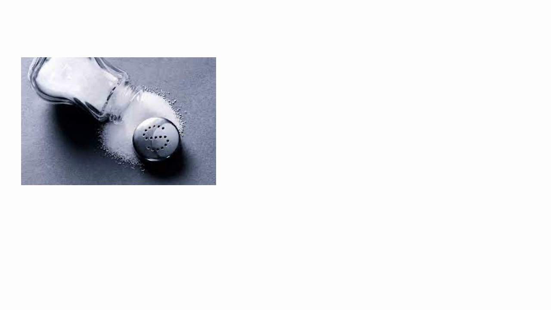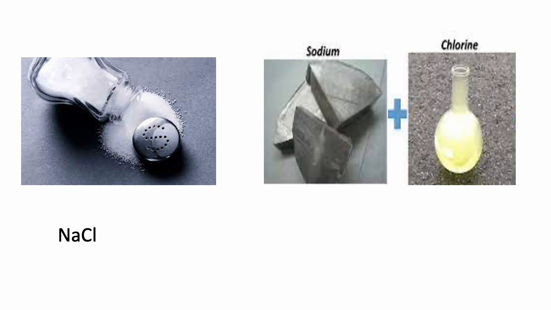Have you ever tasted salt? Salt is a white powder that we use to add flavour to our food. Thinking about it, I'm really craving some chips with lots of salt on it. But did you know that salt is actually made up of two elements? You guessed it, it's made up of sodium and chlorine.